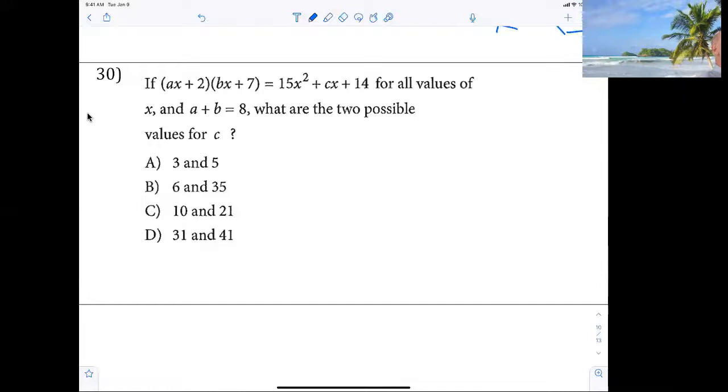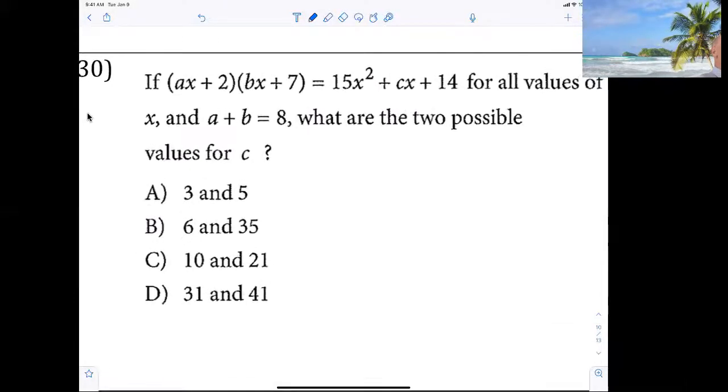Can someone tell me what A and B have to be? Why 3 and 5? Why not 1 and 15? No, it doesn't work. There you go. Come on, that was not that hard. Say again, Tucker.